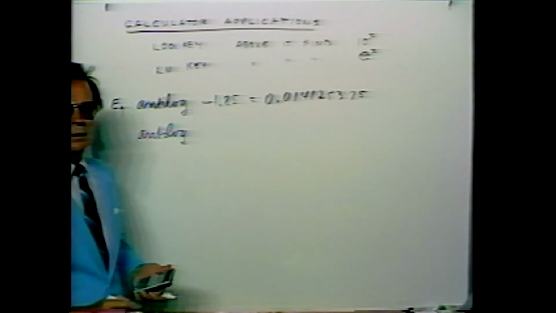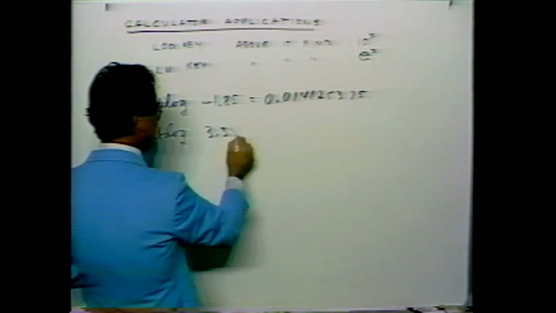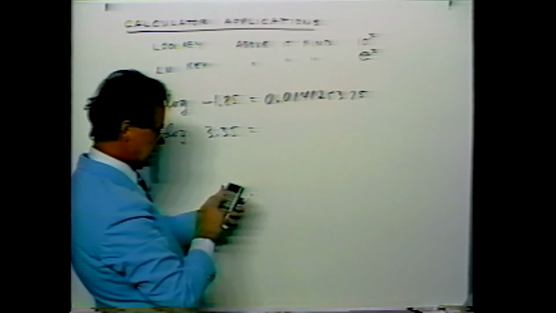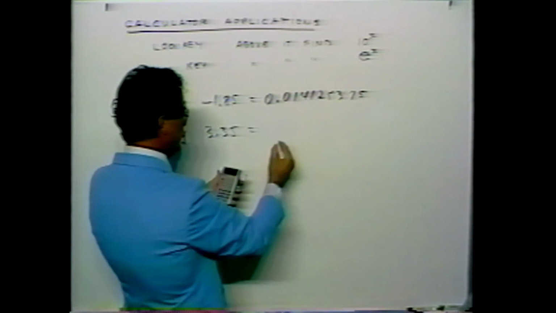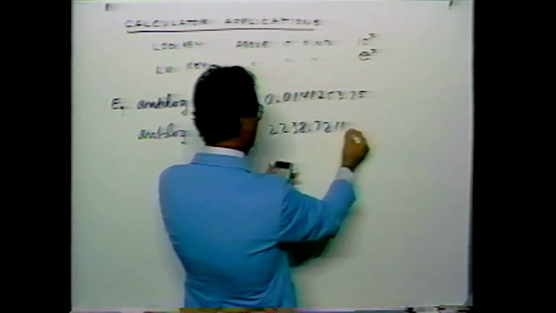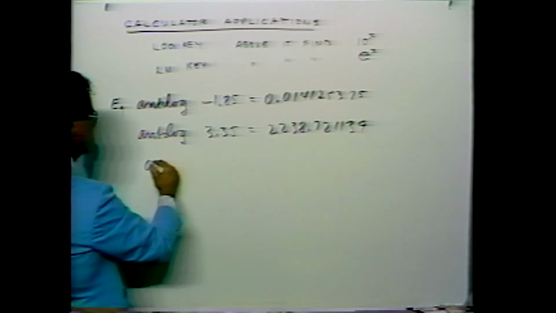Another example, find the antilog of 3.35. Put in 3.35, the inverse or second key, we end up with 2238.721139. Let's do this with the antiln.